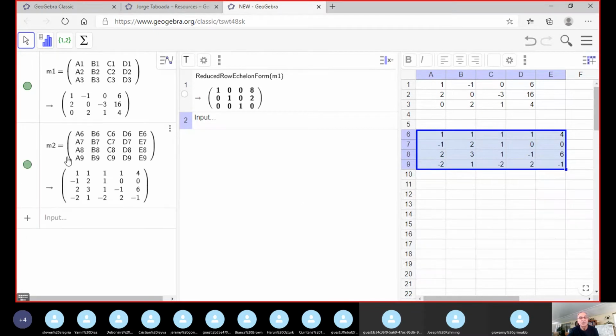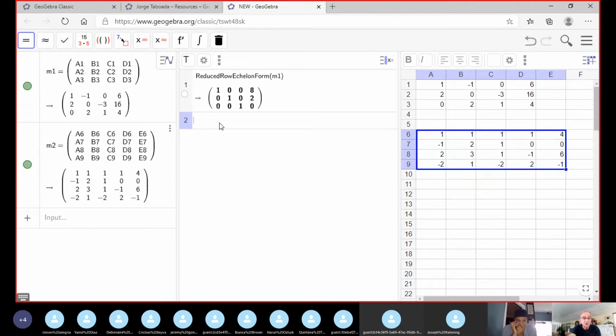GeoGebra calls it M2. Guys, it's important to make sure that you don't make a mistake. If you make a mistake in one number or one sign, you are doing a totally different problem. And this is not good. Then, capital R-E-D, matrix M2.